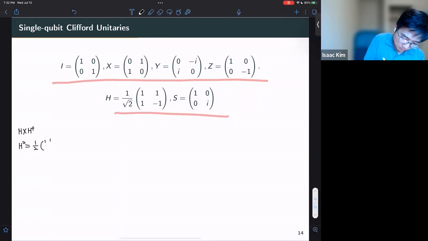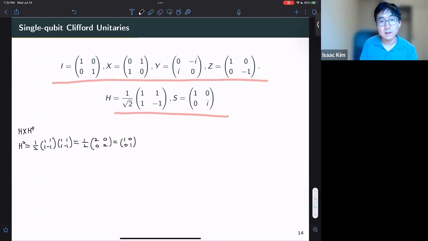This is just a 2 by 2 matrix calculation, so you can check this very explicitly, but I will work this out for you. This is 2, 0, 0, 2, which is 1, 0, 0, 1, which is identity. Therefore, H is equal to H dagger. So it's a unitary that squares to identity.